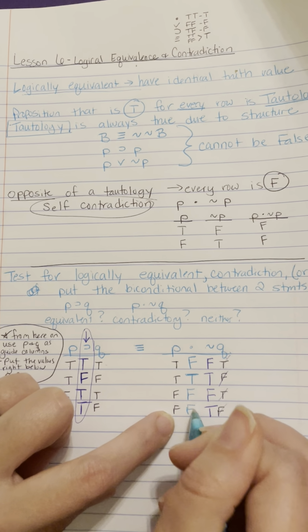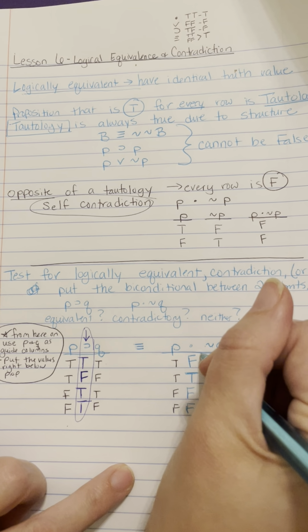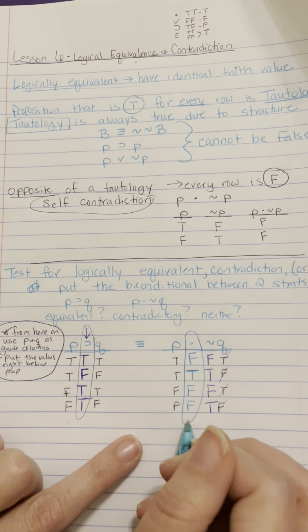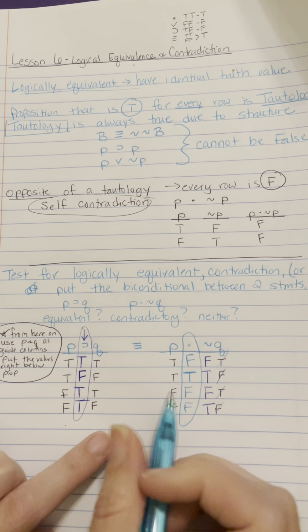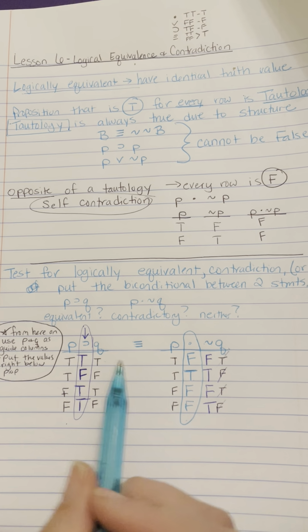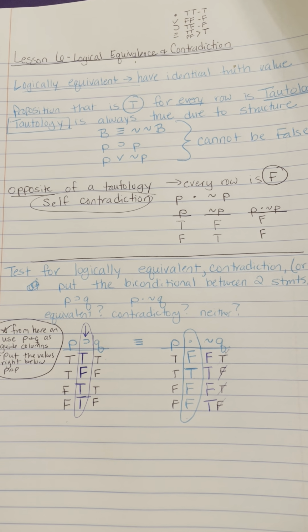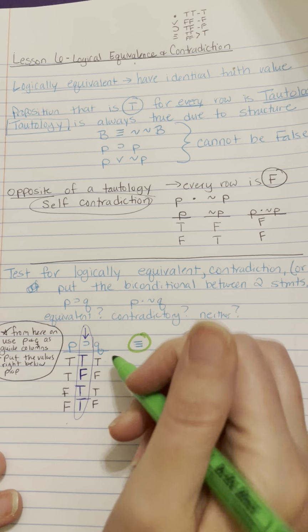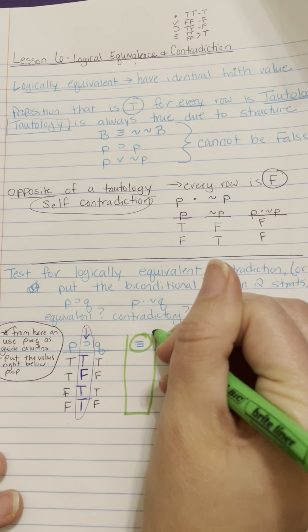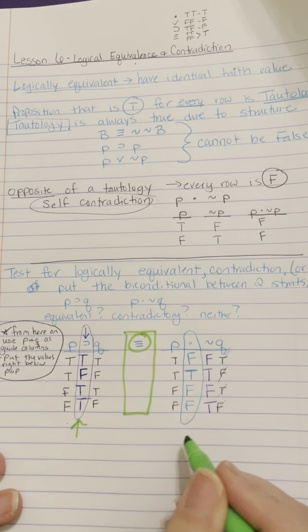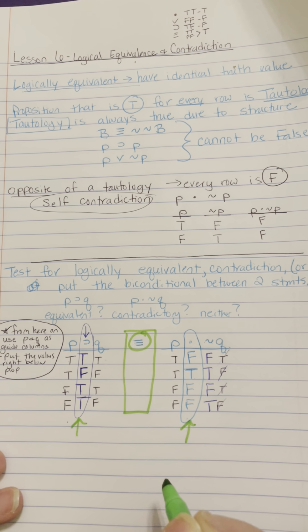False true gives us a false. So over on this side, this is our column. Now that we have both things on each side of this, the ultimate operator that we need to finish with is this column right here. So we're looking at this column and this column now.